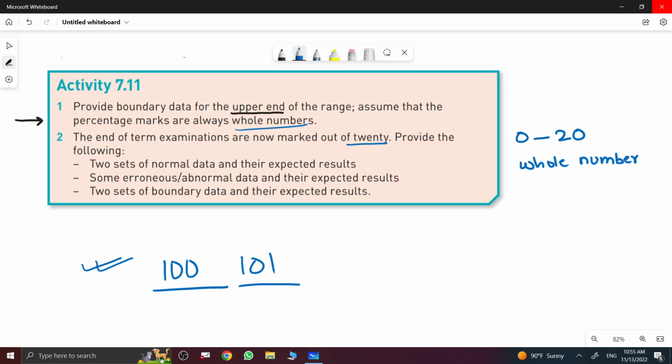Let's do it one by one. Let's start with this one. Two sets of normal data and their expected results. So in part A of question number 2, let's do it for normal test data.